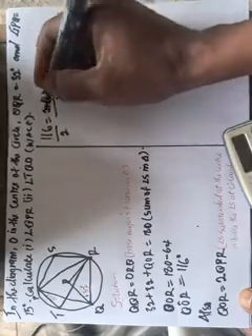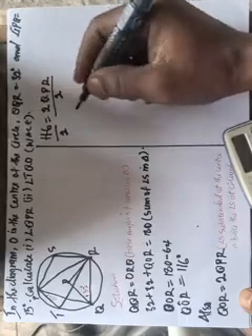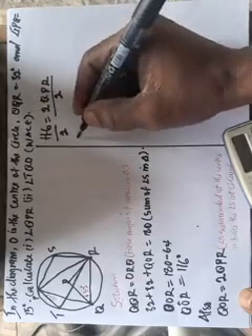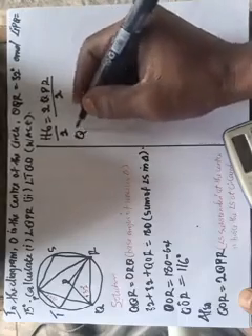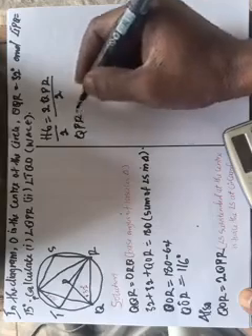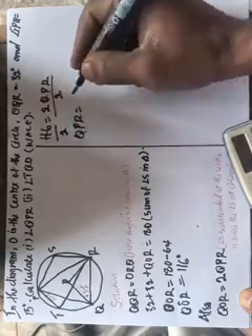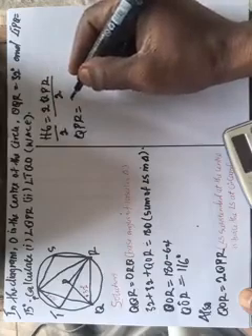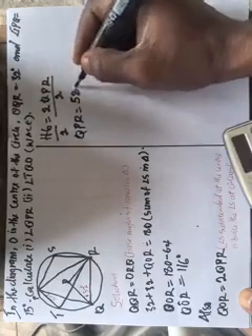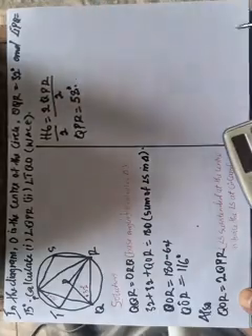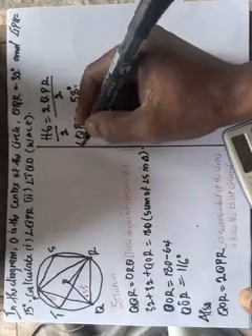So this cancels this. So QPR, if you divide 116 by 2, you have 58 degrees. So that's for the first question.